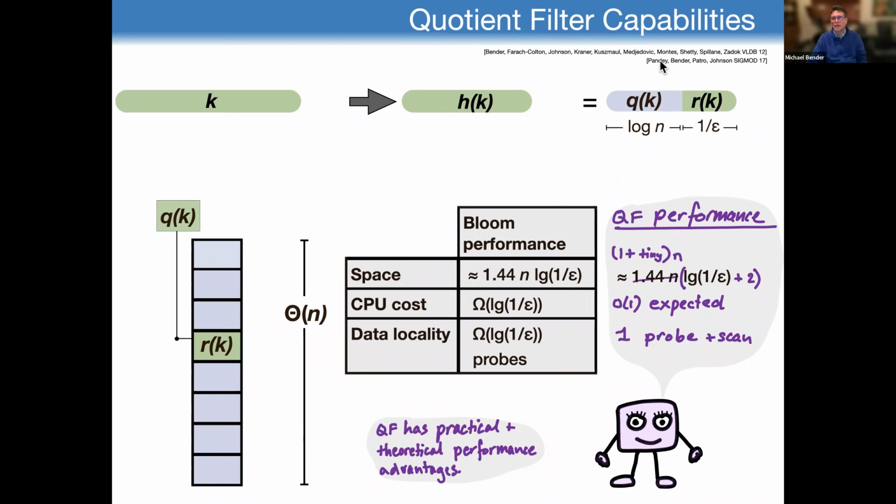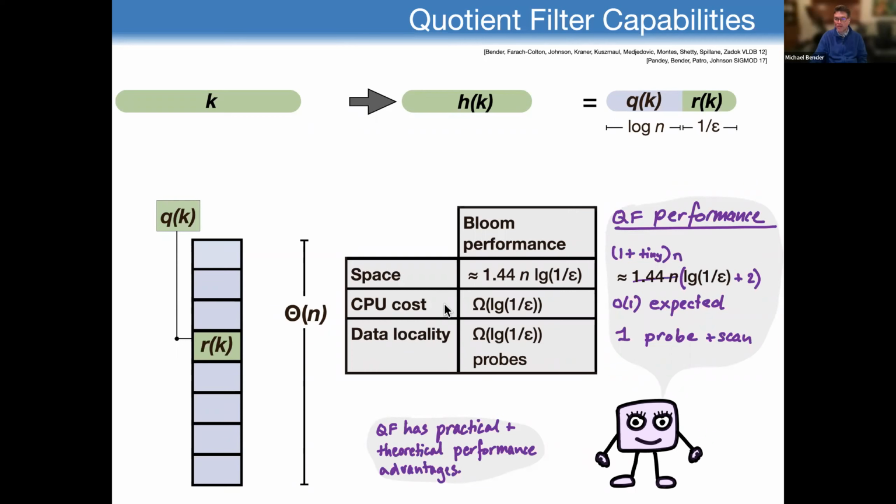Prashant Pandey right here did most of the heavy-duty programming, and also Rob Johnson, who is a senior person. So this is not easy to program. Whereas the Bloom filter is really pretty easy to program, relatively speaking. And so programming this is much harder, but it runs much faster because the data locality is so good.